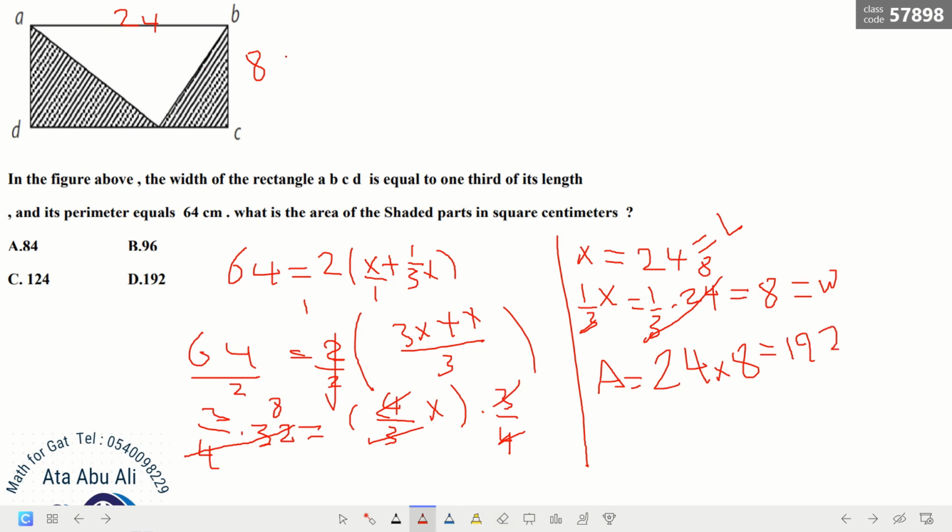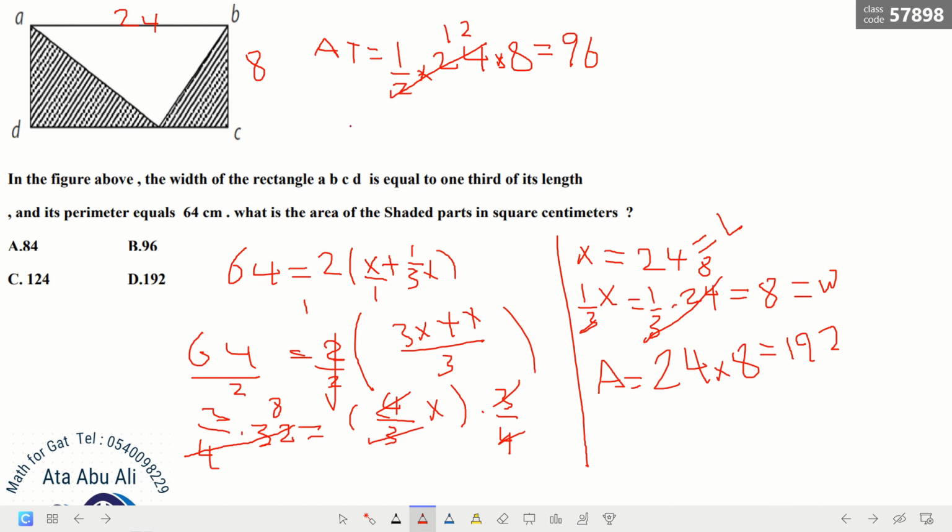Now the area of the triangle is equal to half times base, which is 24, times height, which is 8. 24 divided by 2 is equal to 12. 12 times 8 is equal to 96.